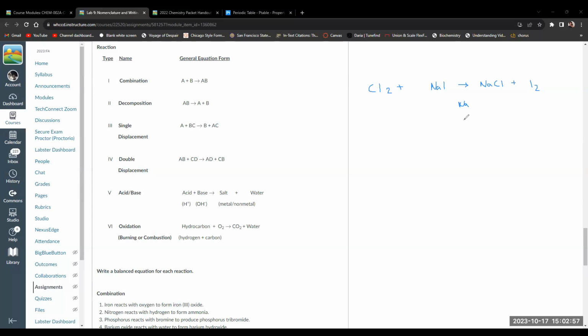Sodium, iodine, and chlorine. So we have two chlorines here on the reactants, one on the product, two iodines in the product, one in the reactants, and one sodium in each side.